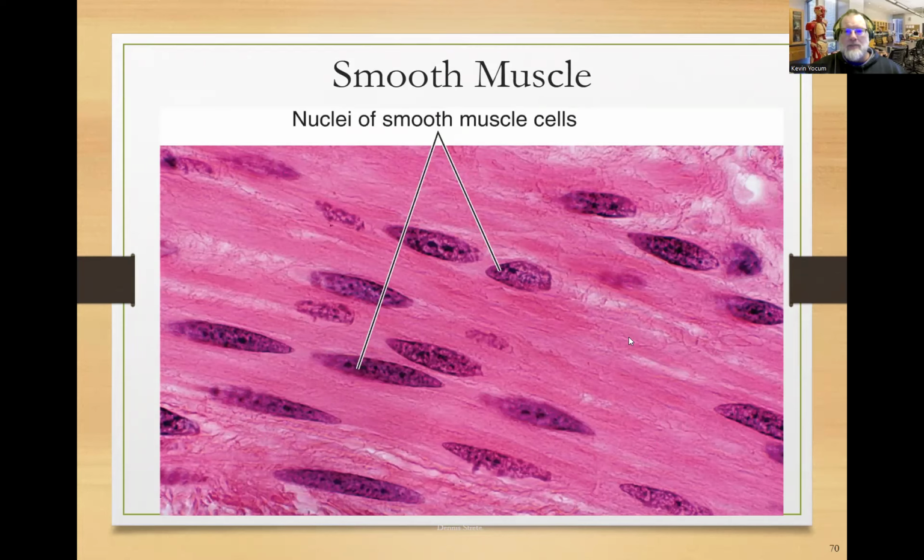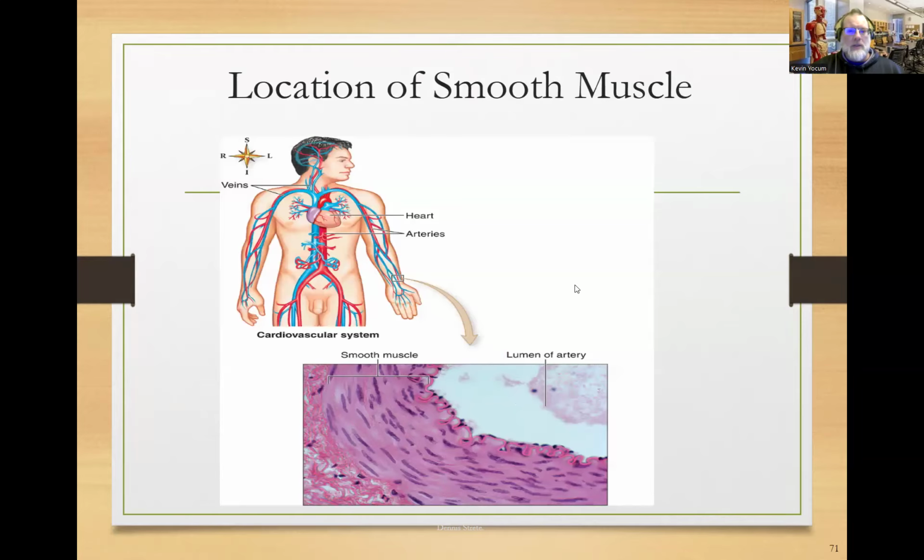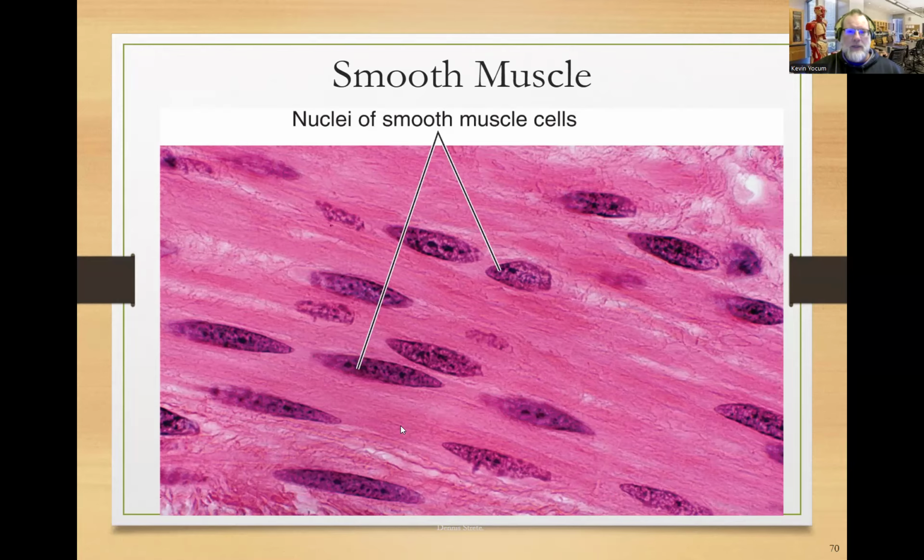Generally speaking, we don't see much, just these elongated nuclei and elongated cells. And then cardiac. Again, you see these elongated nuclei. That's going to be a helpful indicator.